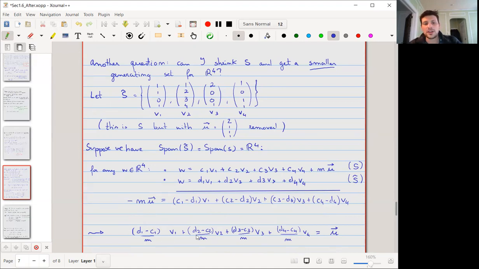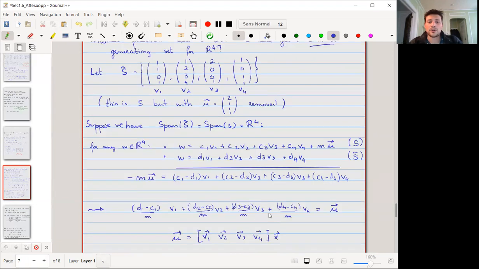And the equation that you get is something like this. You see that I'm dividing all of the coefficients by mu, and then the minus sign is actually changing the sign of the numerator. I'm going from C1 minus D1 to D1 minus C1. So I was able to write U as a linear combination of the vectors V1 through V4.